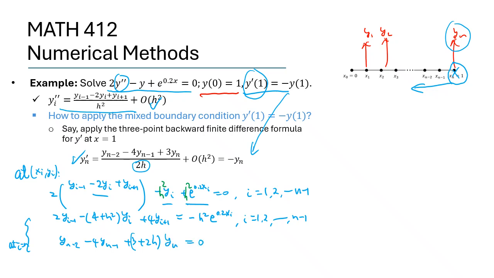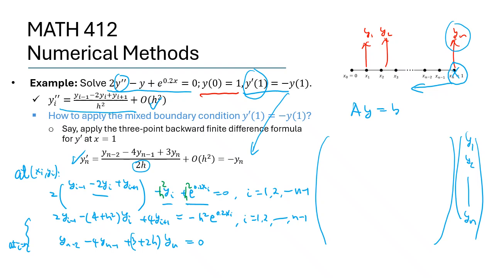And if we expand this, we'll get a system Ay equals b. It's like this. And y is y1, not y0, y2, up to y sub n, right? We have this.